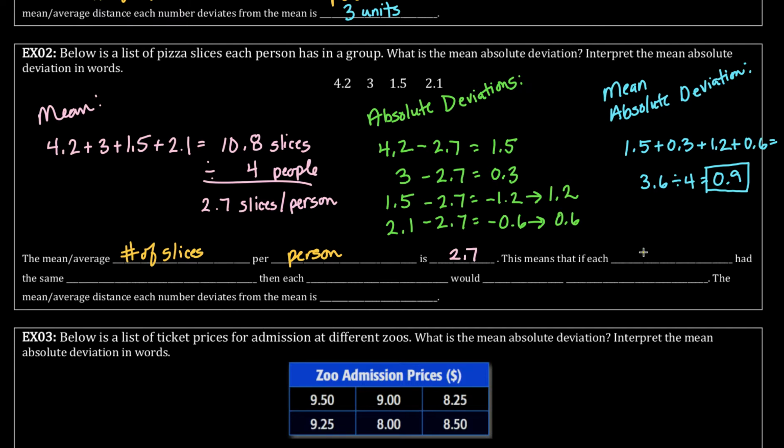That means if each person had the same number of slices, then each person would have 2.7 slices. All right, the mean or the average distance to each number deviates from the mean. So the average distance of each of these from 2.7 is 0.9 units.